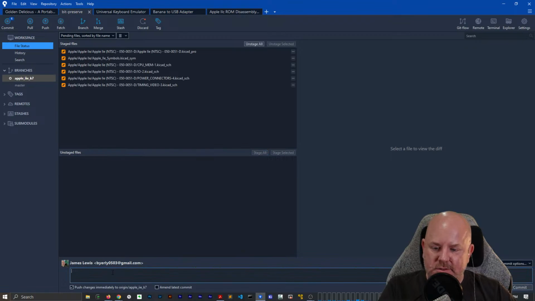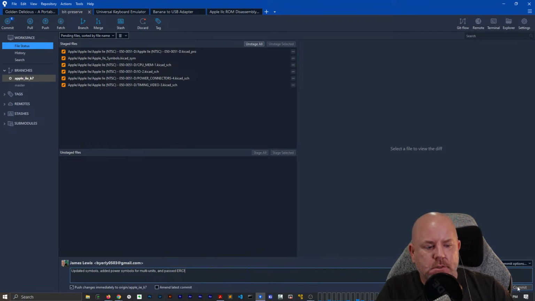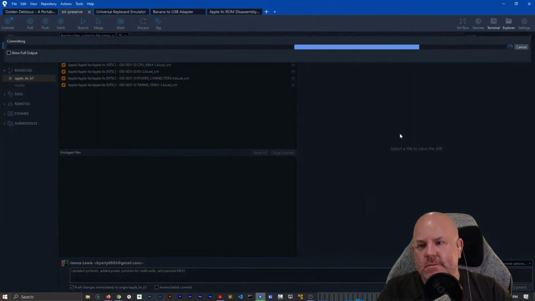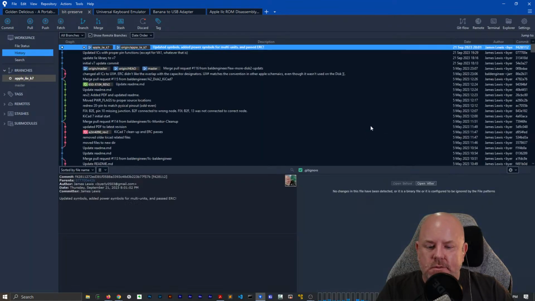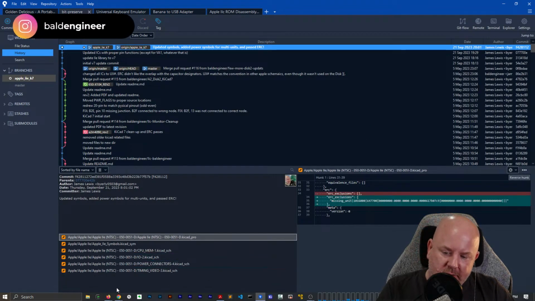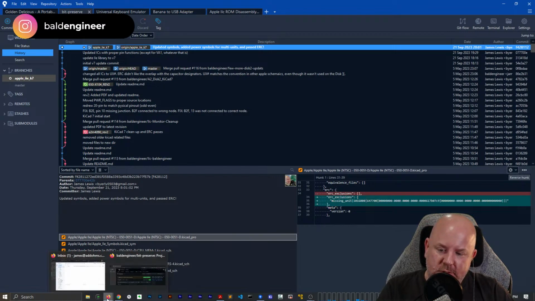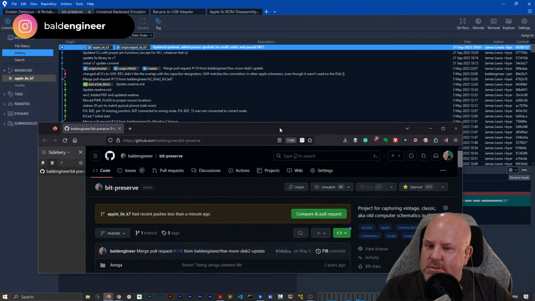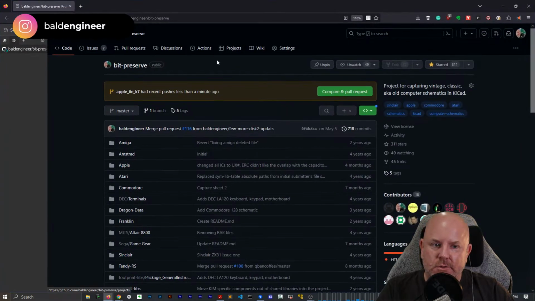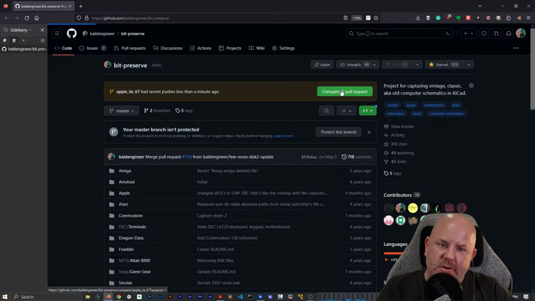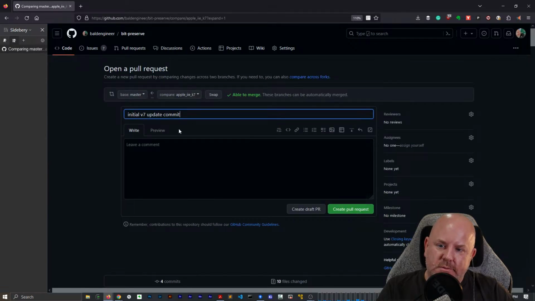Stage all. Updated symbols. Added power symbols for multi-units, and passes the ERC. All right. Happy change. So now we will go to this page. Let's do a reload, and I want to compare and pull.